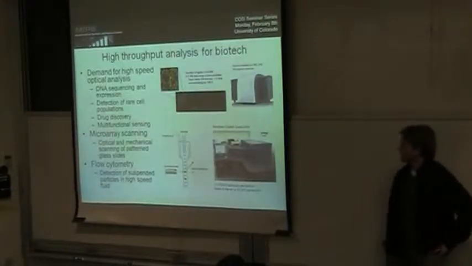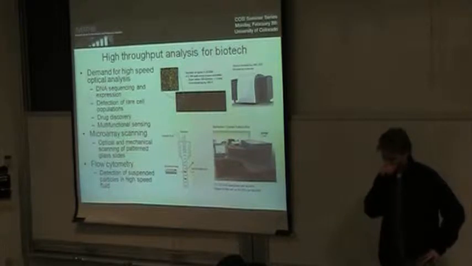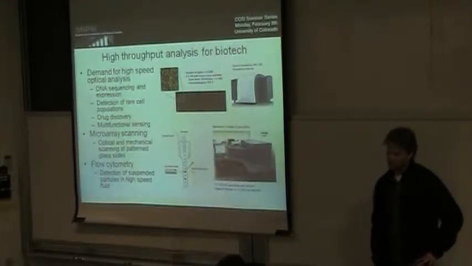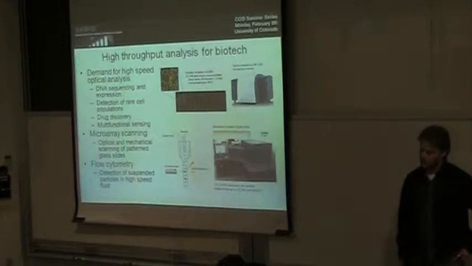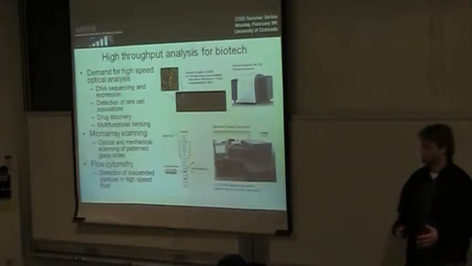One of these major applications that we're going to target is high throughput analysis for biotech. There's a variety of applications in biotechnology when you want to measure a very large number of samples. One of these is sequencing DNA. For example, if you want to sequence the human genome, there are many billion base pairs in the human genome.